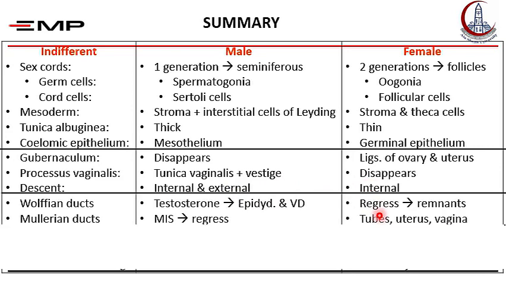Regarding the duct system, we have two systems, the Wolffian and the Mullerian, mesonephric and paramesonephric. In the male, the mesonephric enlarges and the paramesonephric regresses due to Mullerian inhibiting substance. Enlargement here is by testosterone, leading to the duct system in the male: the epididymis, the vas deferens, the ejaculatory duct, and the seminal vesicle, and other structures, rudimentary and so on.